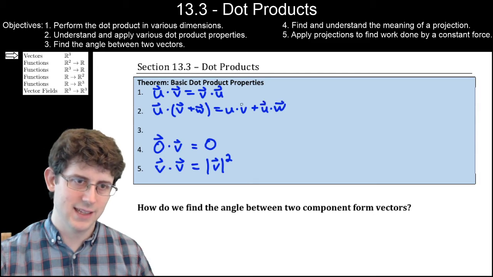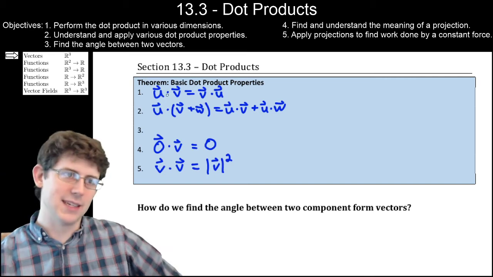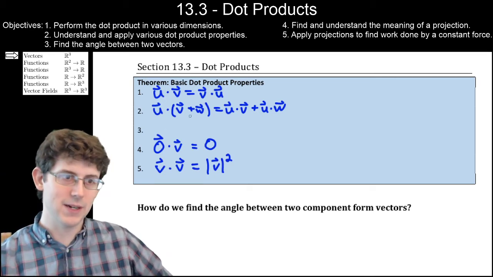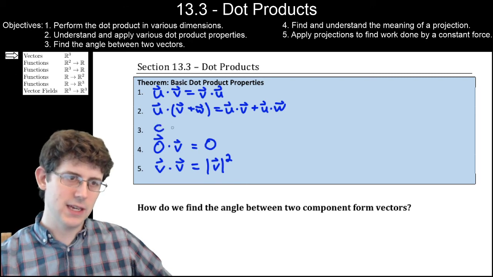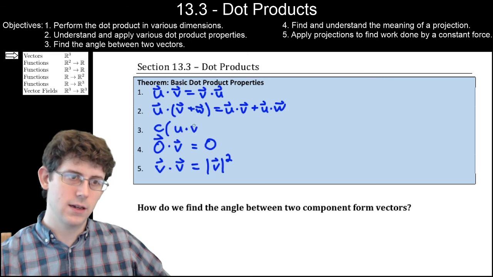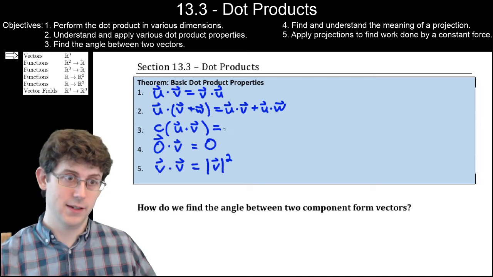I guess that one's a little bit surprising, because this is not regular old multiplication. This is not the multiplication of 2 numbers, but it still follows the distributive property. The other thing we can do is if you scale a dot product, that's the same thing as scaling one of the vectors first.